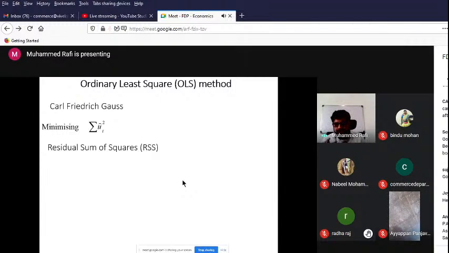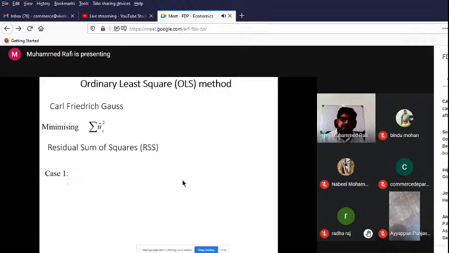You calculate the error term, then take the square of the error term for each observation, then take the sum of it. I'll explain two cases which will make clear the need for the residual sum of squares.